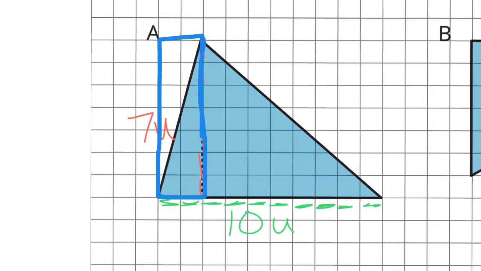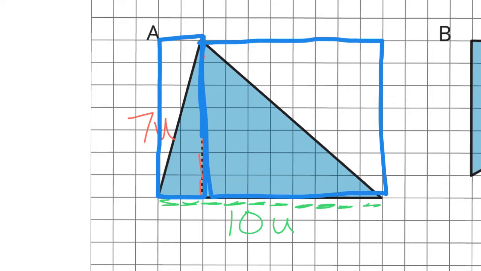So I could see right here that is a rectangle, and I can see that this is a rectangle, and I can see that the blue is half of this rectangle, and this blue is half of that rectangle. So we can find the areas of the two rectangles and cut each of them in half. So this first rectangle has a base of 2 and a height of 7.